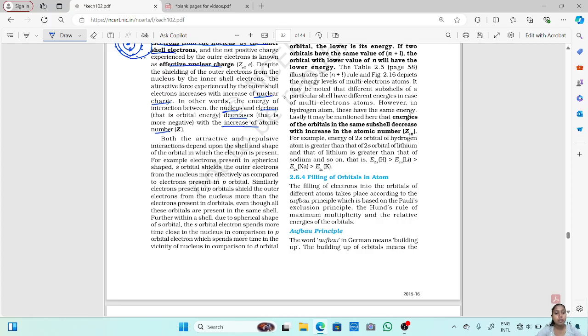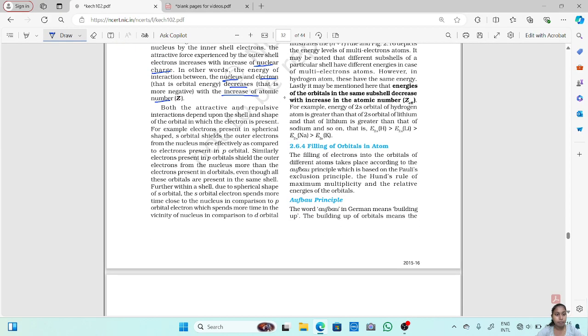Now, both the attractive and repulsive interactions depend upon the shell and shape of the orbitals where the electrons are present.